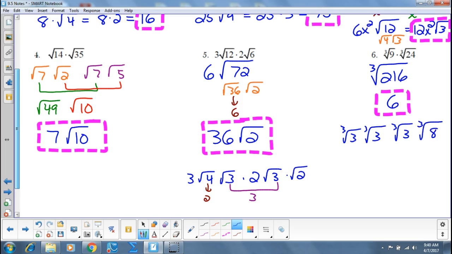Like over here, I was looking for 2 of them. I'm looking for 3 of them. So these 3 together give me 3. And the cube root of 8 is 2. So then those 2 combined get multiplied together to be 6.